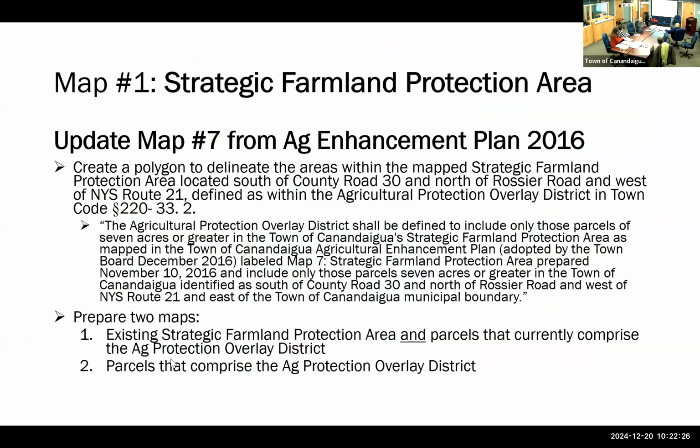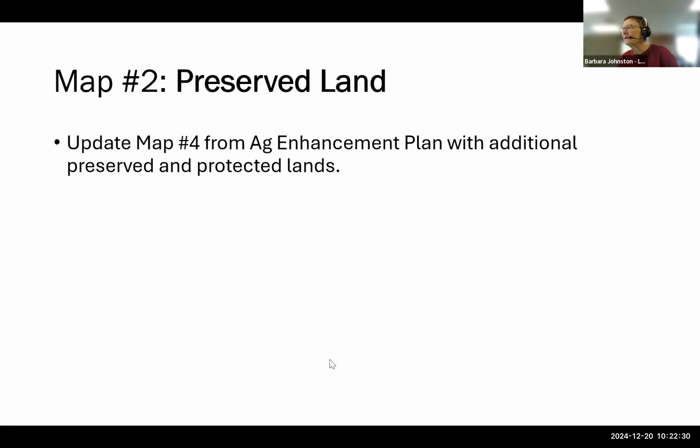Okay, great. So that's the first one. The second map we prepared shows, there's 2 new maps showing preserved land. One is the agricultural preserved land, preserved farmland.